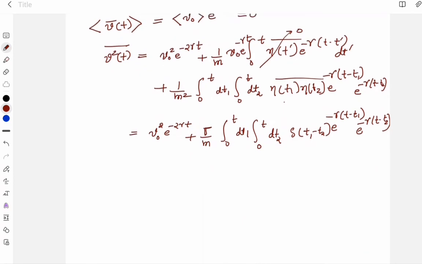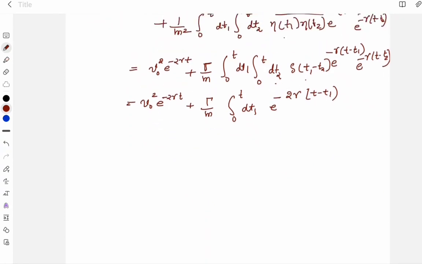Now substitute t2 equals t1. So what we will have is v0 square e to the power minus 2 gamma t plus gamma over m, integral 0 to t dt1, and since we are operating the delta function, this integration will be gone and we will replace t2 with t1, so it will be minus 2 gamma times (t minus t1), right?